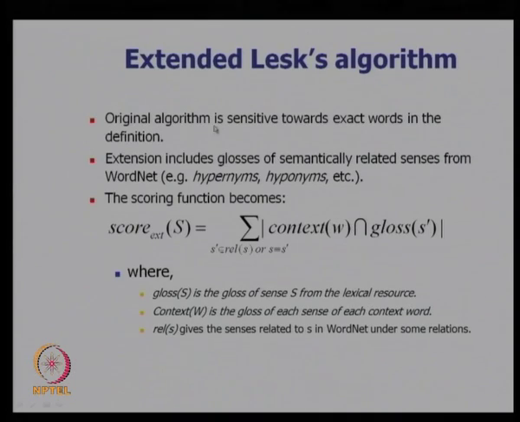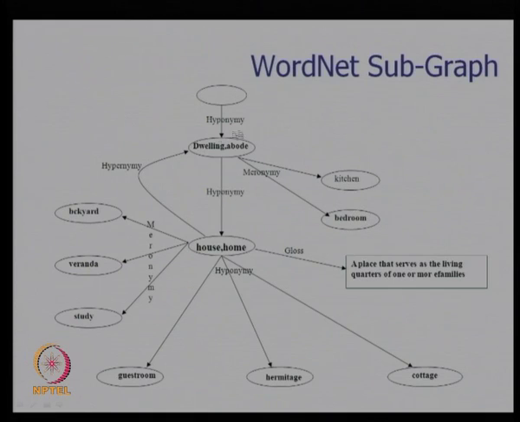Then we studied the extended Lesk algorithm, where the overlap is found not only from the word's own synset and the gloss and example sentence, but also from the semantically related nodes.